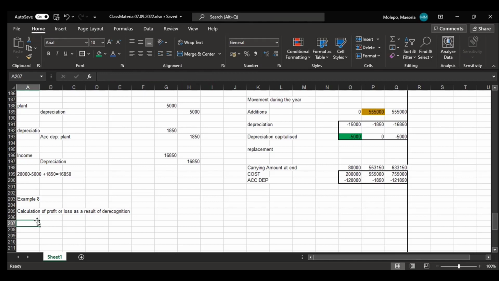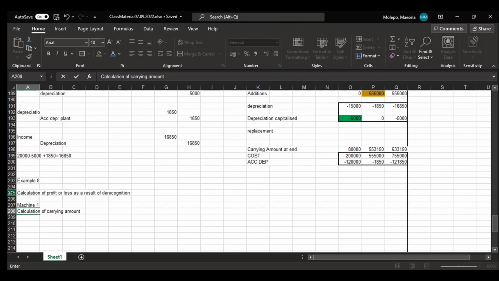So machine 1. Let's calculate its depreciation or the carrying amount first. We are given the carrying amount on 1 January as 180, right?